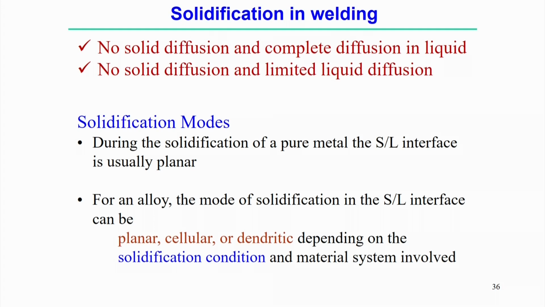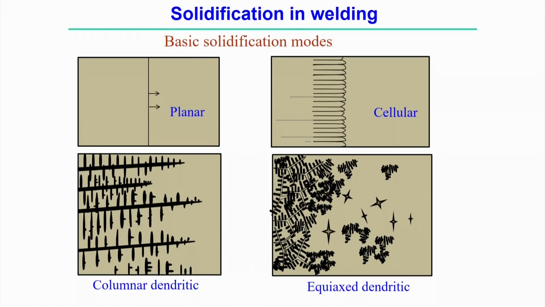But normally for an alloy system, the mode of solidification at the solid-liquid interface can be planar, cellular, or dendritic, depending on the solidification conditions and the material system involved. So, we will look into the different types of solidification modes generally observed.